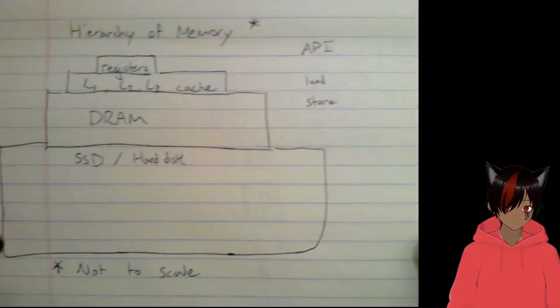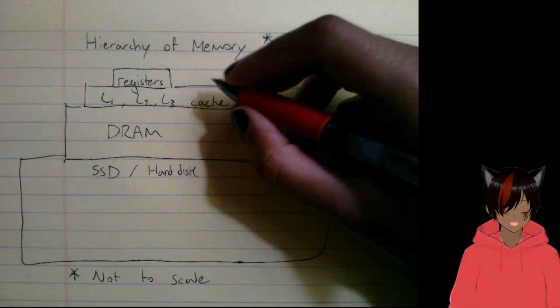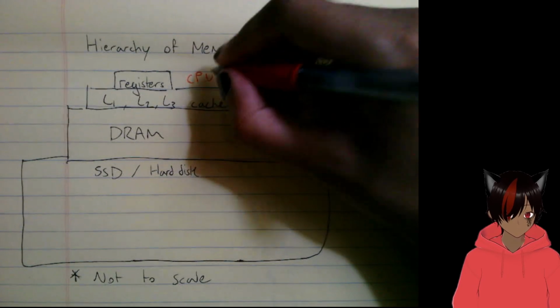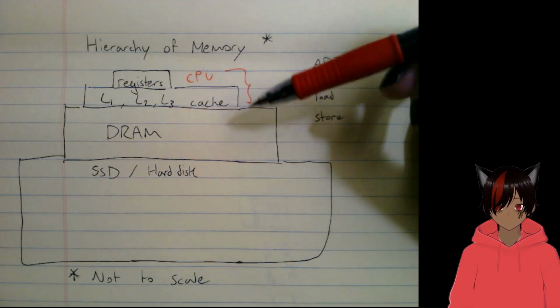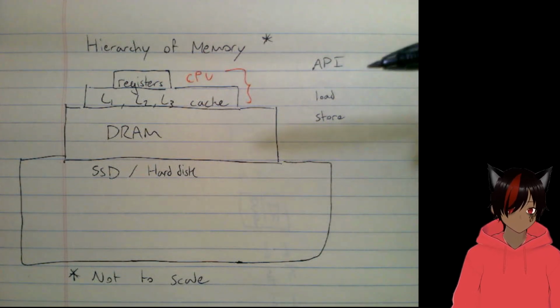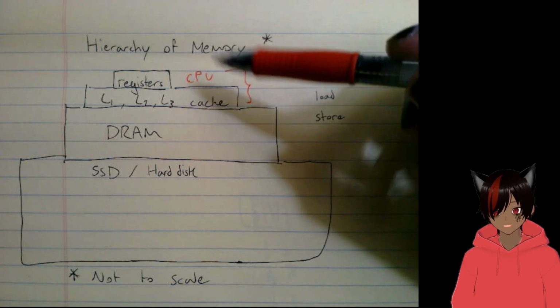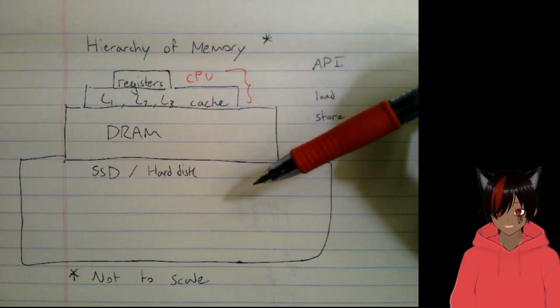So this is what memory will look like. We've got registers and the L1 cache. These are within the CPU. DRAM is next, and then there's SSDs and hard disks.